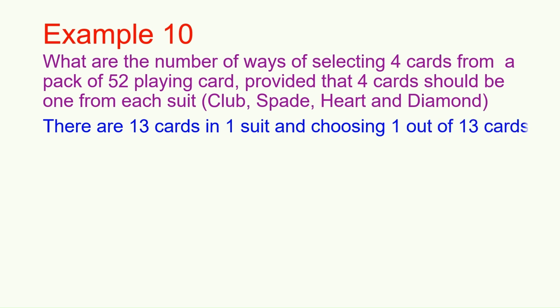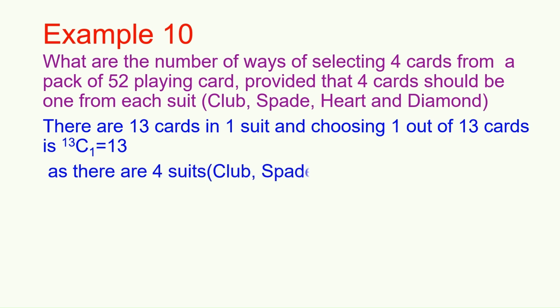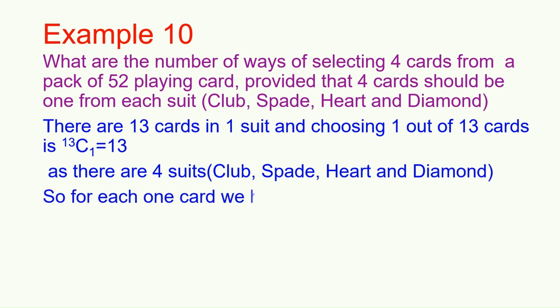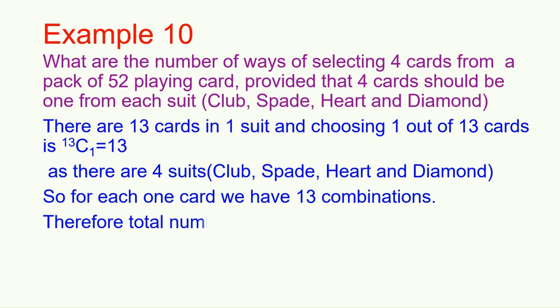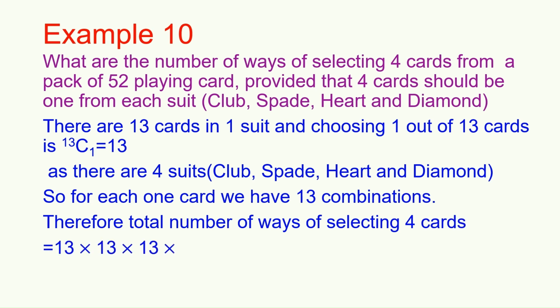Choosing 1 out of 13 cards is 13C1 equals 13, and there are 4 suits: club, spade, heart and diamond. So for each card, we have 13 combinations. Therefore, the total number of ways of selecting 4 cards is 13 times 13 times 13 times 13, which equals 28,561.